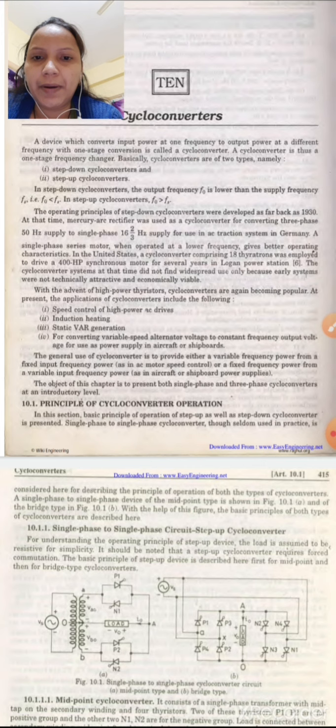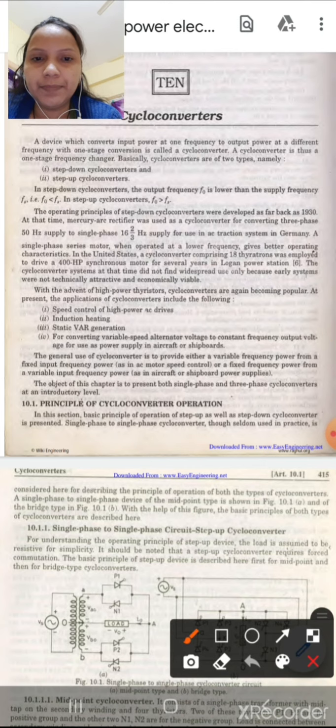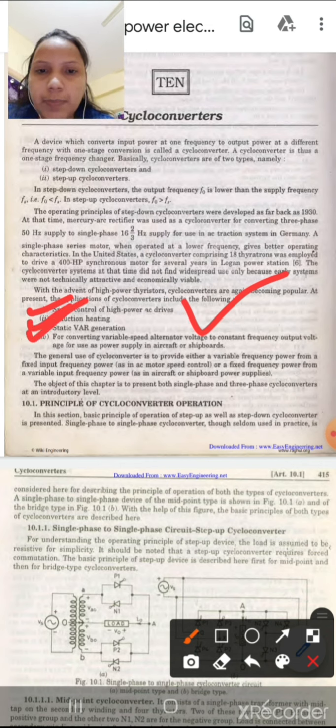At present, the applications of cycloconverter are speed control of high power AC drives, induction heating, and static VAR generation, and converting variable speed alternator voltage to constant frequency output voltage for use as a power supply in aircraft or shipboard. So these are the general applications of cycloconverter.